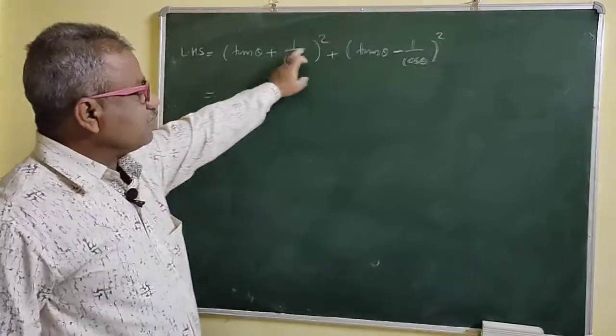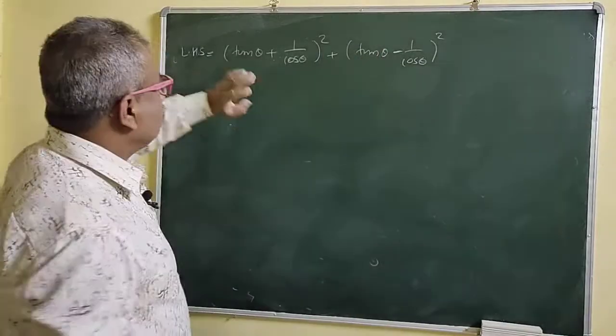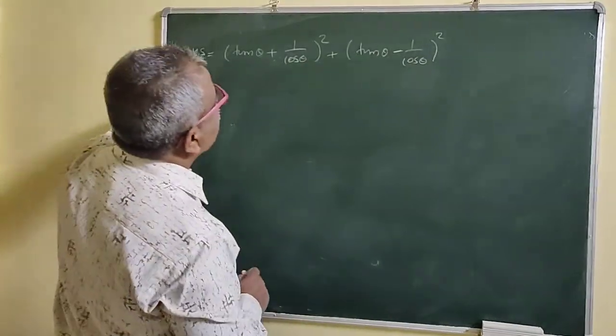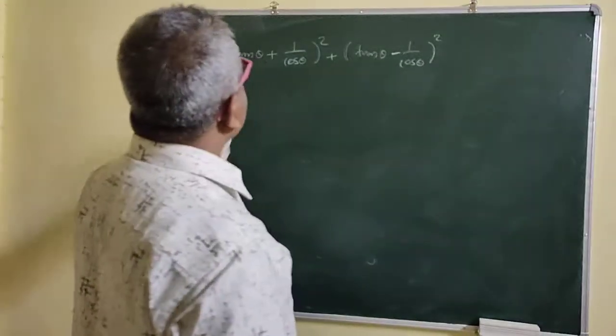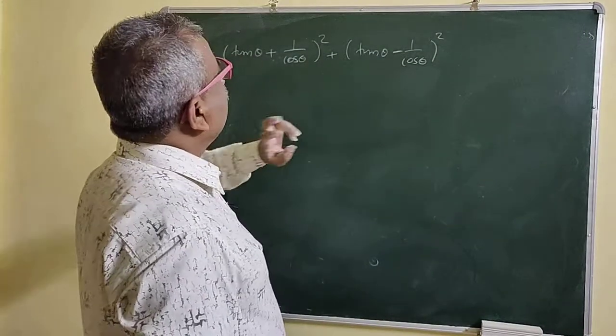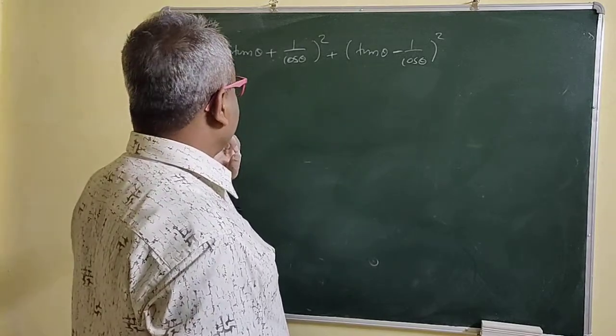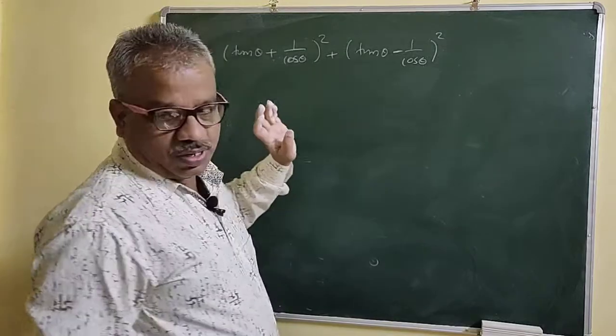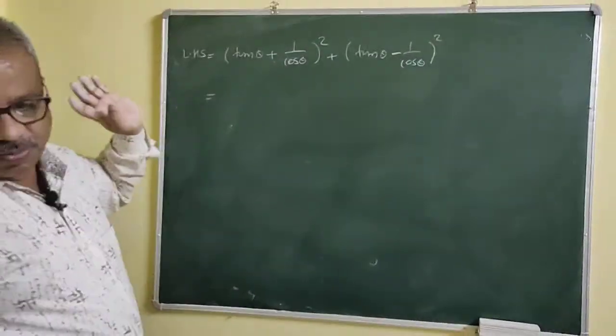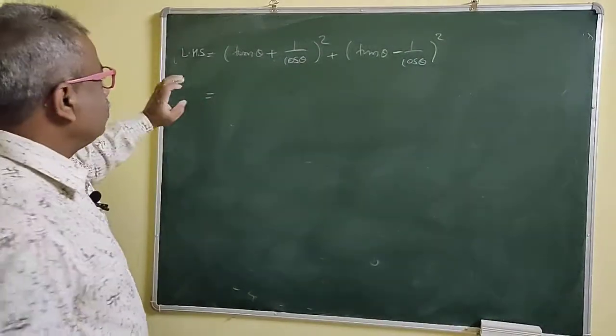So if we expand this, what we get then is 2 tan square theta, the middle term will get cancelled, then 2 upon cos square theta. That also we can do, right? We'll try to directly expand this.